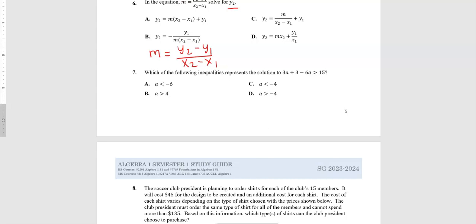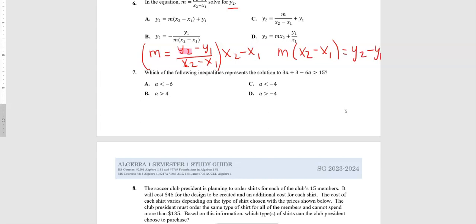Remember, this right here is the thing I'm trying to get to. The first thing I would do is probably multiply everything by x2 minus x1. And that is going to get me m times the quantity x2 minus x1 equals y2 minus y1.